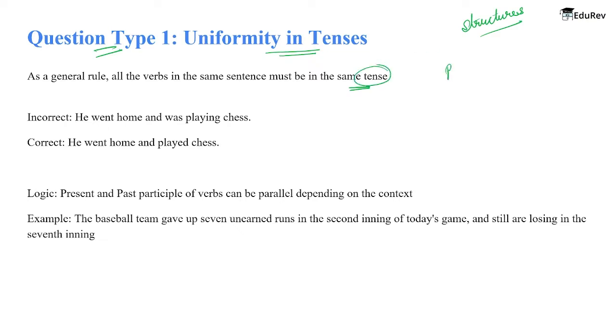If we are talking in past, all the verbs are in past. If we talk about present, it should be in present or in future. So the sentences should be in one form, the same tense only. Let's talk about some examples here.